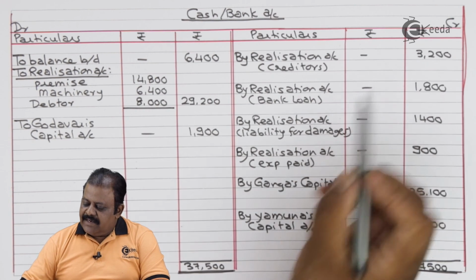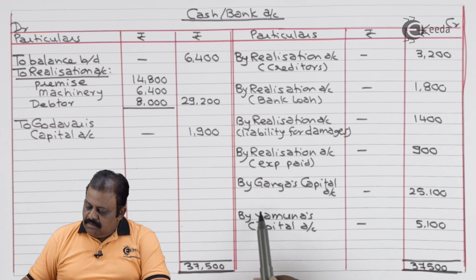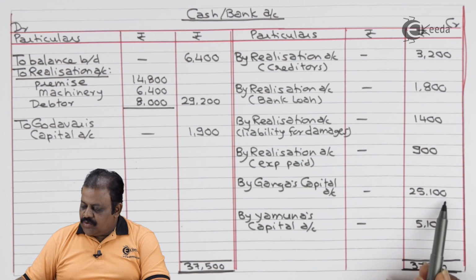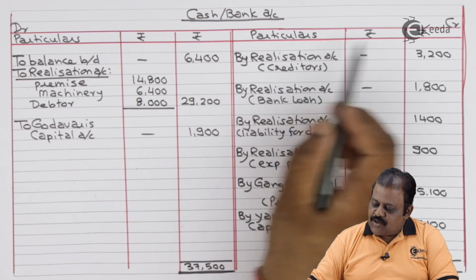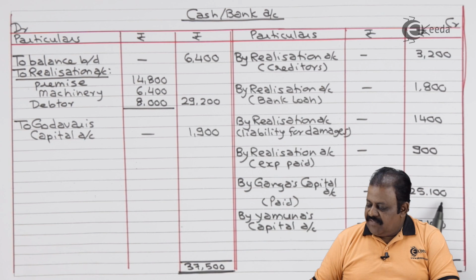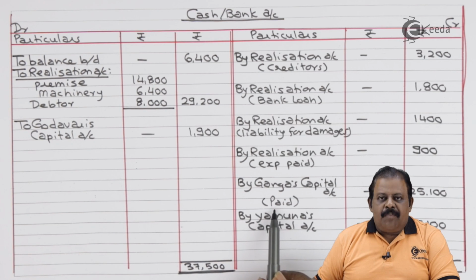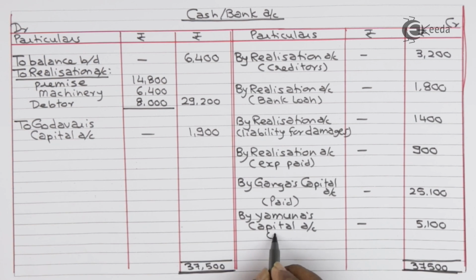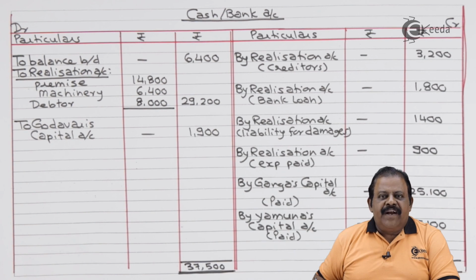Cash bank account credit side, by Ganga's capital account 25,100. This is amount paid to her in final settlement. By Yamuna's capital account 5,100. Amount paid to her in final settlement.